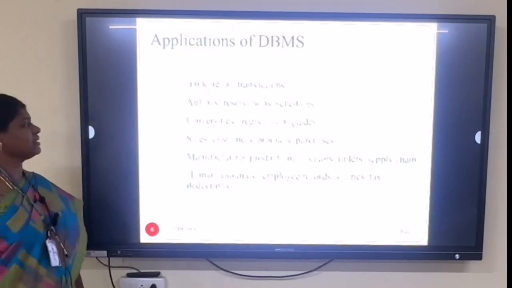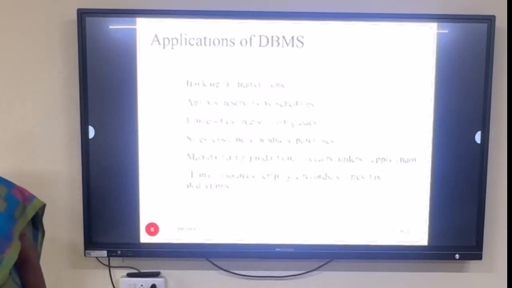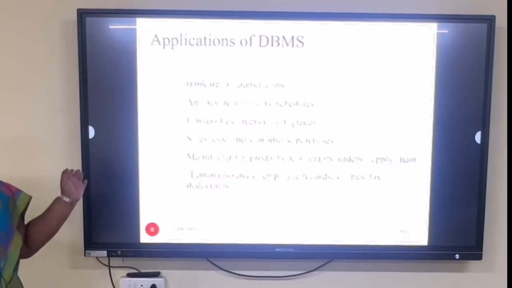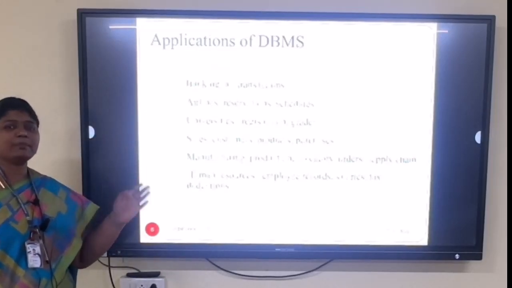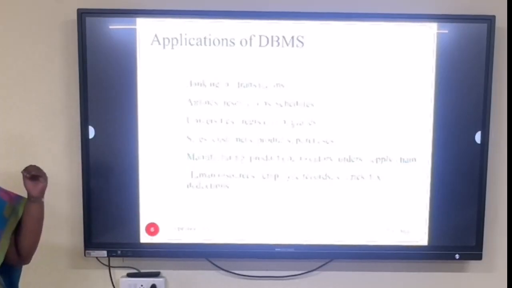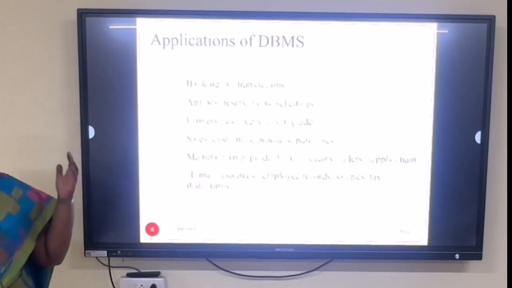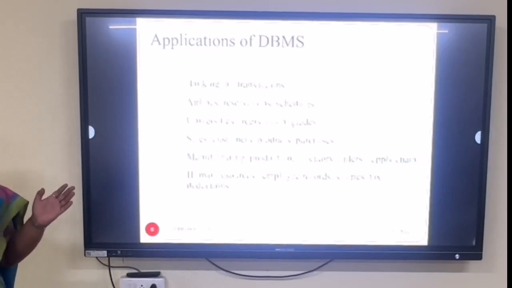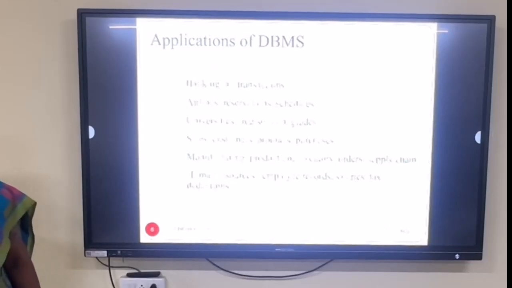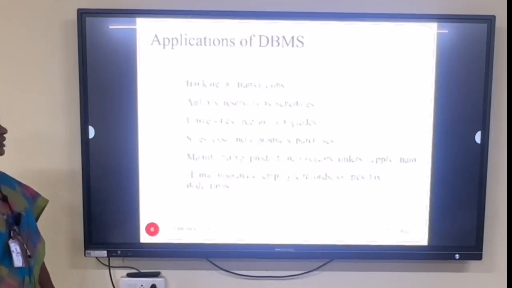Universities: the registrations and the grades the students get come under the concept of DBMS, that is database. Sales: in each and every company, wherever the shop we go, the entire thing comes under database, since the product in and product out will be taken care of by the shop owner with the help of DBMS. And then manufacturing.